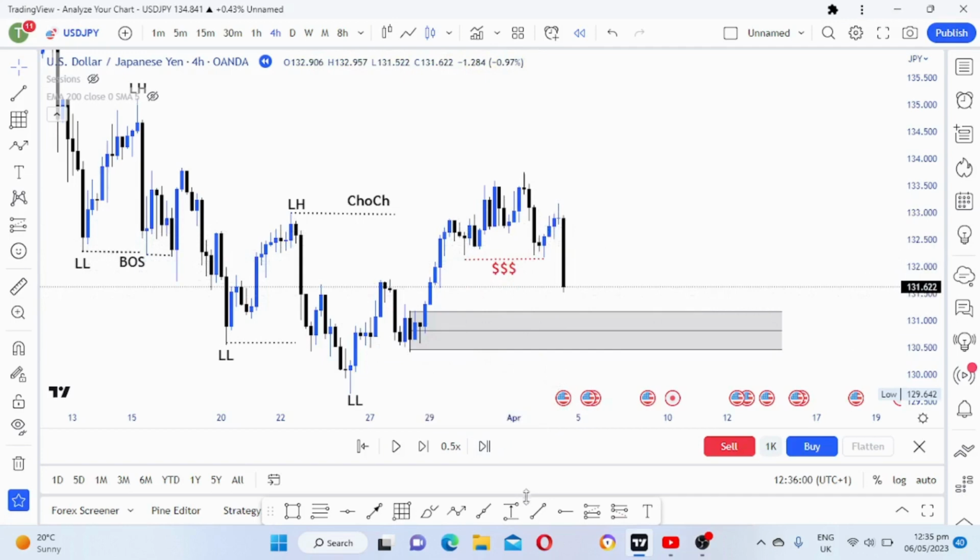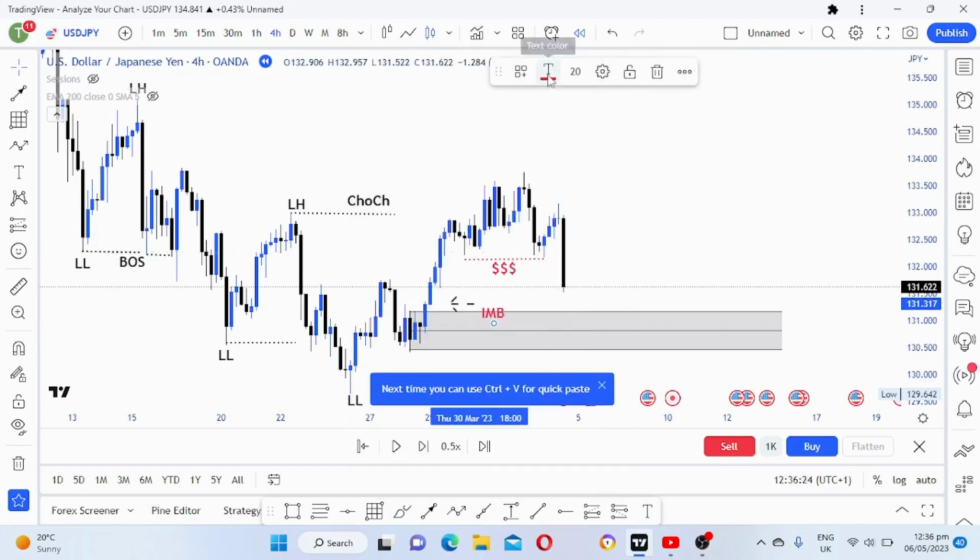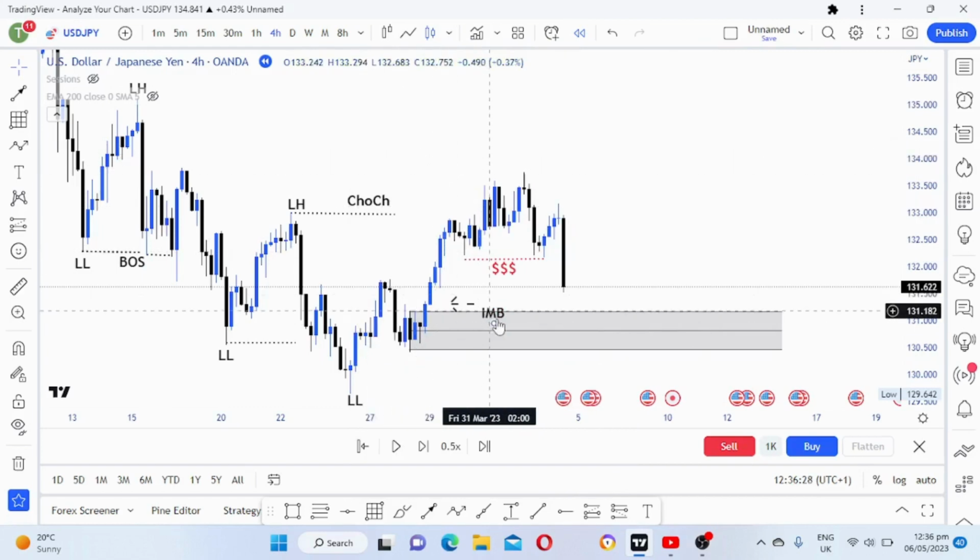And there is an imbalance also here. So price will come and fill this imbalance here. And then what? And then price will buy.